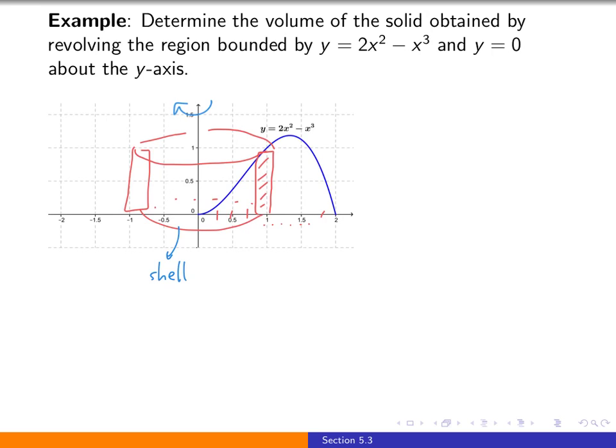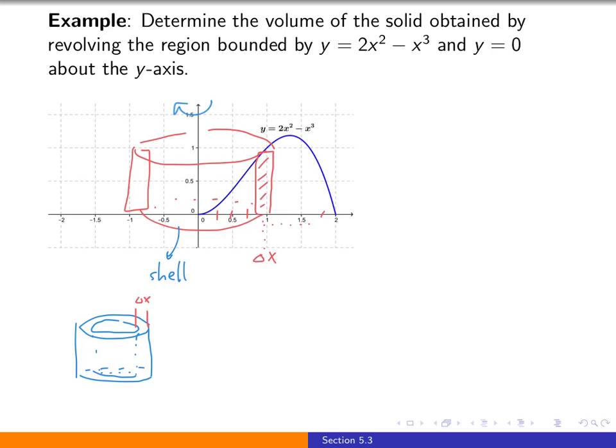So for this shell, I'm going to try to draw it a bit more carefully here. It's a cylinder that has a bit of thickness to it. So it's almost as though we've taken a cylinder and hollowed out the middle. So we think of the thickness of this cylinder as maybe being, say, a change in x, that small thickness of one of these intervals.